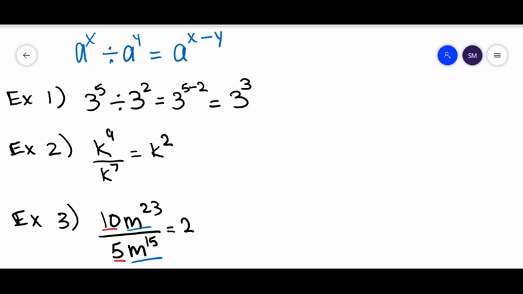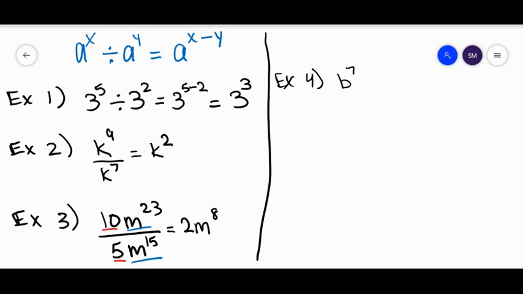So that would give me m to the 8th. I can also apply this rule in the other direction. So b to the 7 is equal to b to the 10th over b cubed.